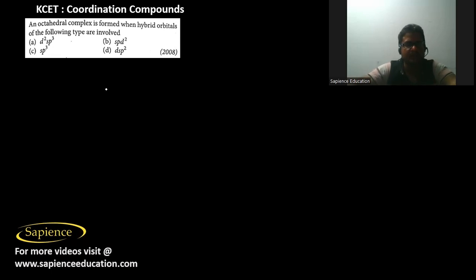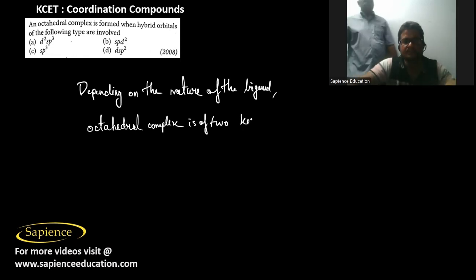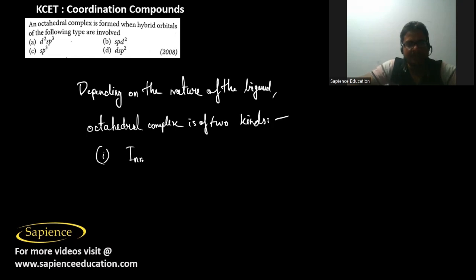As you know, if it is an octahedral complex, the rule is that depending on the nature of the ligand, an octahedral complex is of two kinds. First one is the inner orbital complex.